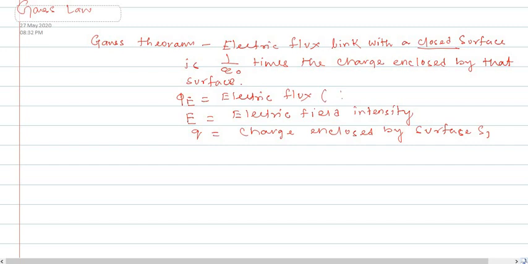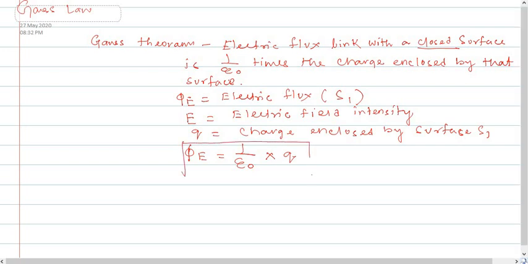So electric flux linked with the surface S1, according to Gauss theorem, phi is equal to 1 by epsilon times Q. What is Q? Q is the charge enclosed by surface S1. So we can say phi E is equal to 1 by epsilon times Q E. Understood? Okay.